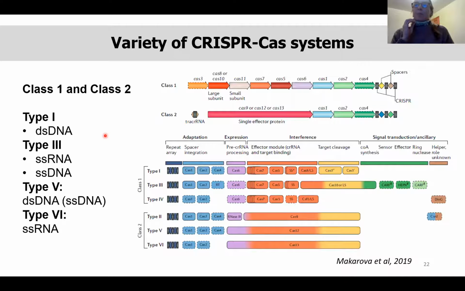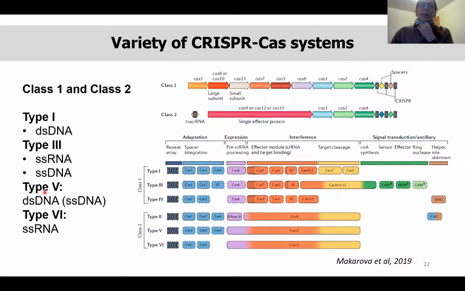And I will shortly cover this for you. There is type 1, which forms multi-protein complexes. I will show you later. And there's type 3, which targets both single-stranded RNA and single-stranded DNA.